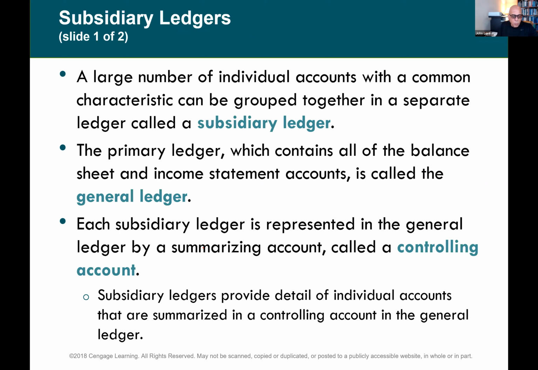Now, we have a general ledger, and that's really what we talked about in chapter 2, where we were entering things in the general journal. General means most transactions will go through there. But you could also have something called subsidiary ledgers, which fall under the general ledger. For example, say we have accounts receivable in our general ledger.